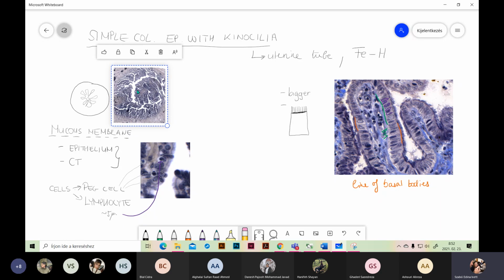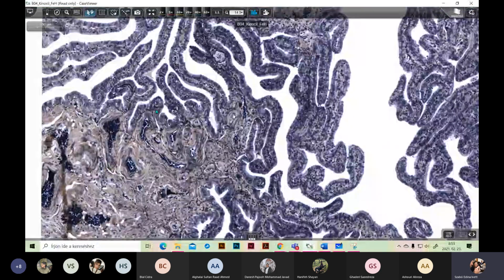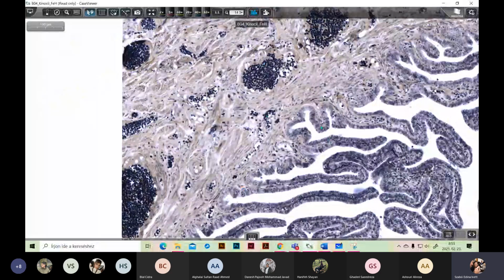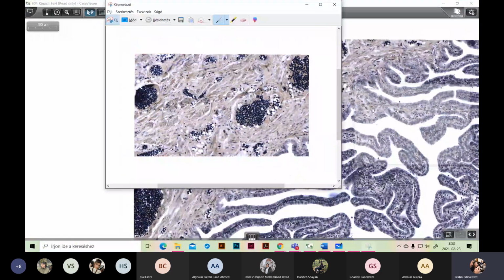And the second one may be an even more serious consequence because of the characteristics of this organ. You can see that in the connective tissue we have many vessels. So, for example, here under the epithelium in the connective tissue we have many vessels. I take a photo from this part. You see, these are vessels.